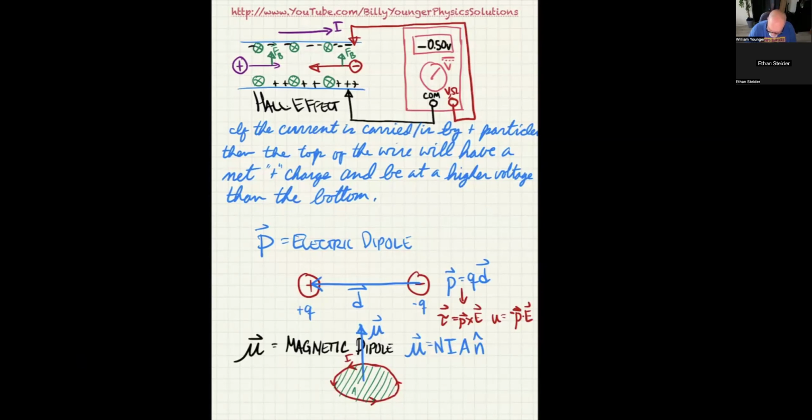That's called the magnetic dipole. And lo and behold, torque is equal to mu cross B, and potential energy is equal to negative mu dotted with B. So these are new equations that you have to be familiar with. Any questions on that?